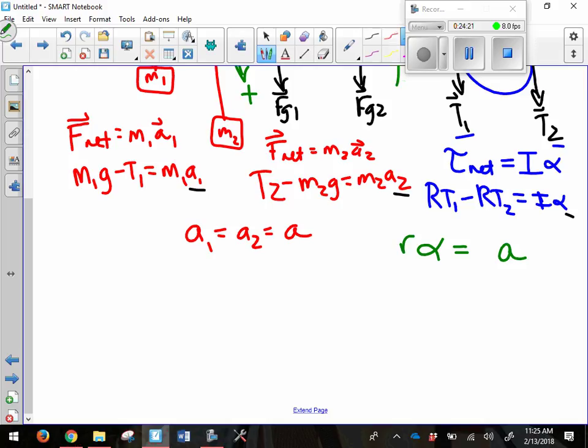Okay. So we could say that alpha was equal to, well, then you should have said it out loud. Okay, then alpha is going to be equal to that chapter 2 acceleration, which is the same as this, divided by r, which is the radius of my pulley.